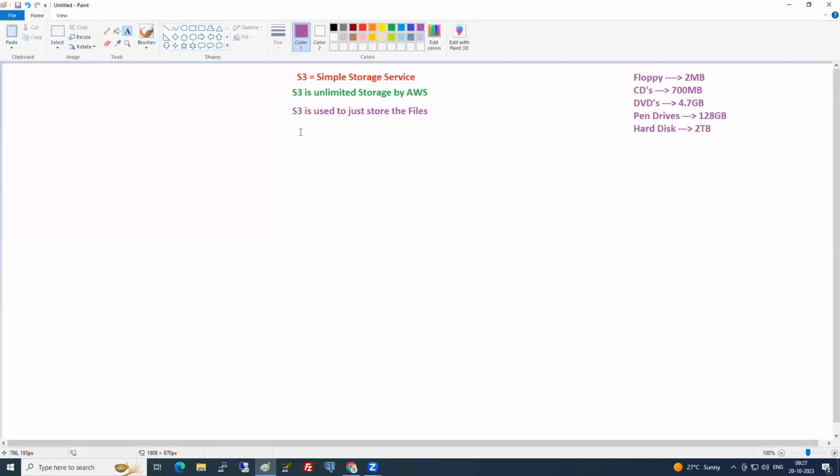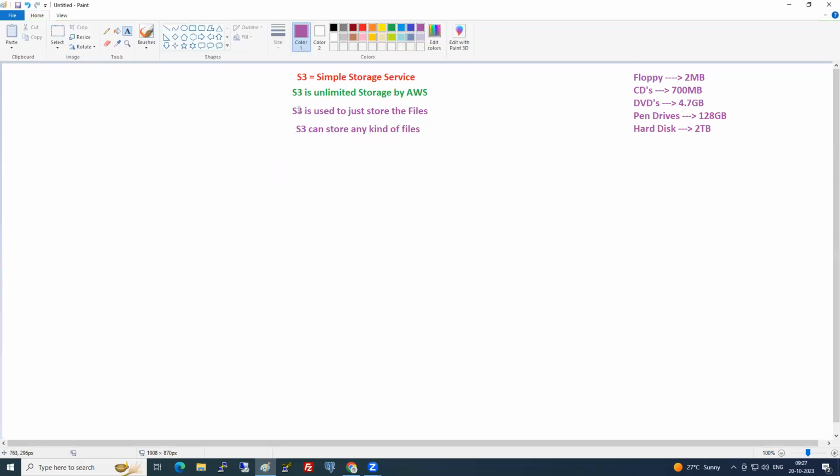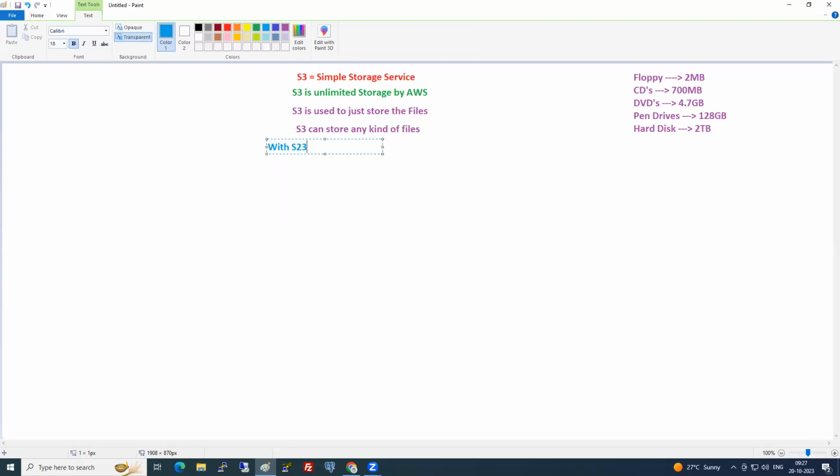S3 can store any kind of files. What do we do with S3? We can upload, download, and access files.